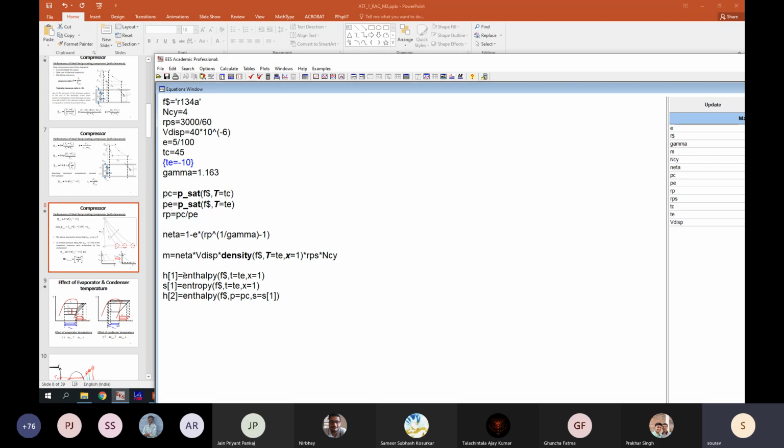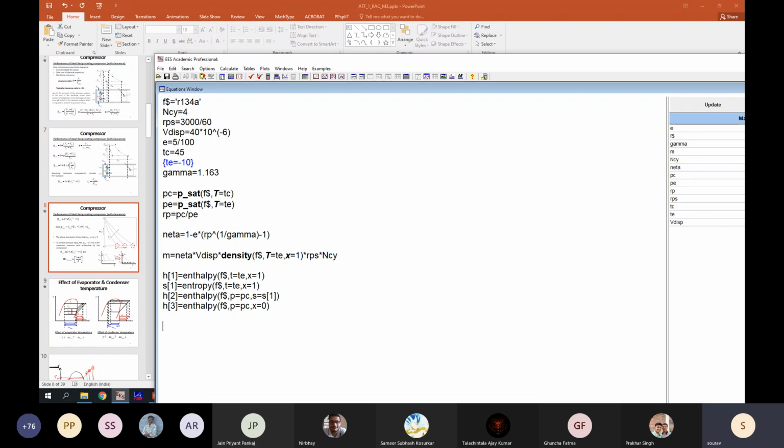This was the enthalpy at the inlet of the compressor, which is equal to the exit of the evaporator. And for refrigeration capacity, I will also need the enthalpy at the exit of the condenser. So nothing about subcooling is given, so we'll assume it to be saturated condition. Okay, so all the requisite enthalpies we have written.